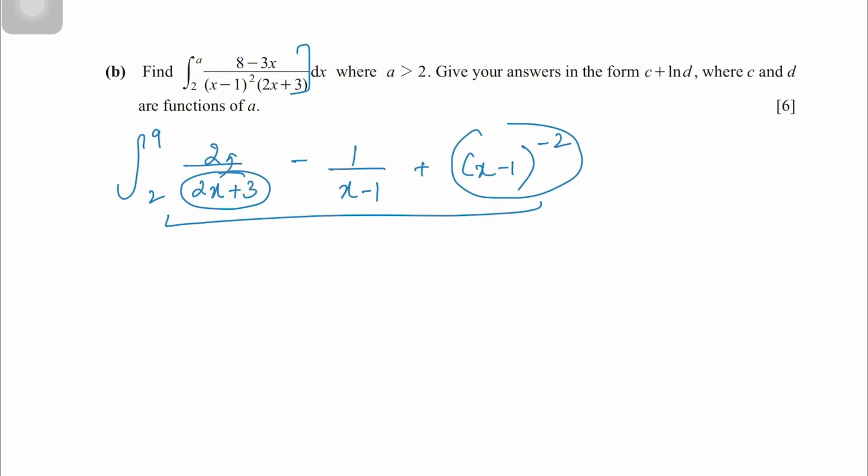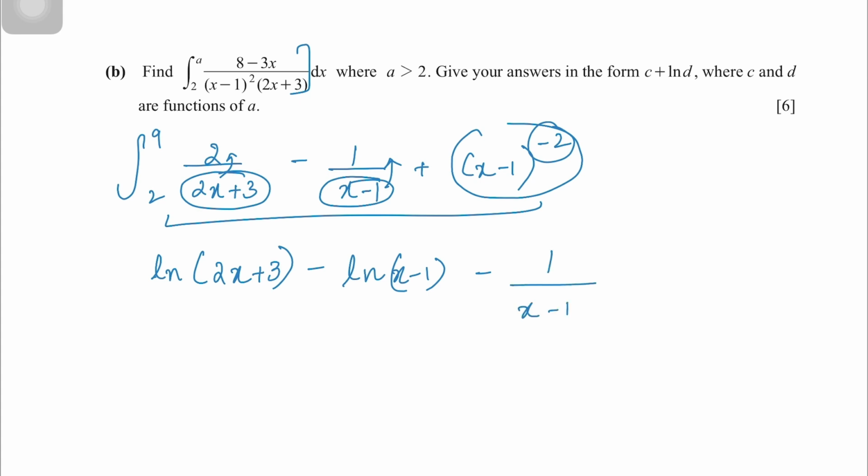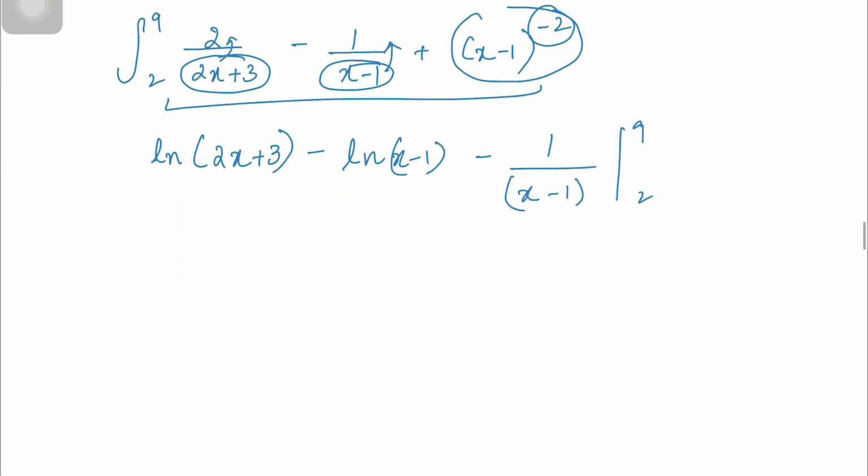In the numerator we have the differentiation, so we can write it as ln of 2x plus 3. Then similar case, we have our differentiation, so this would be ln of x minus 1, sorry, and here we have negative. This power would be added, so this would be negative 1, and then negative 1 would be in the denominator, so this would be negative x minus 1 to the power 1, and then we need to apply the limits. So we have the limits of a and 2.